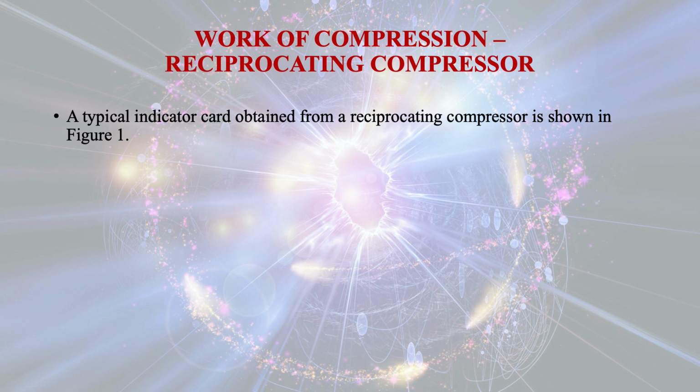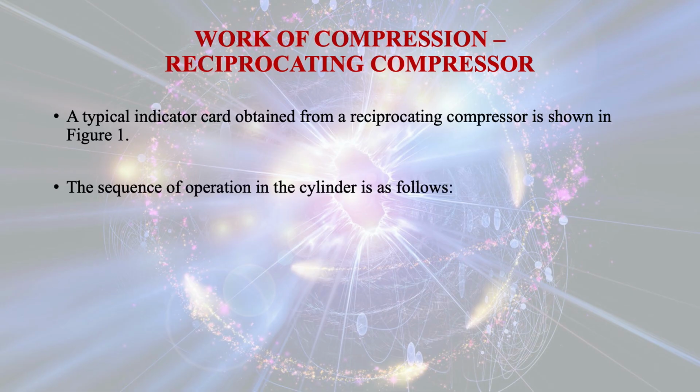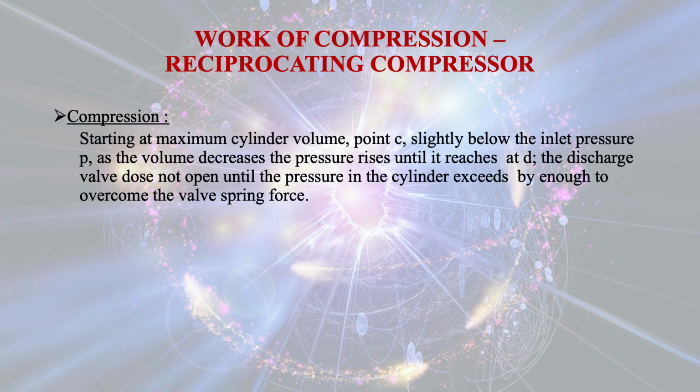Work of compression by reciprocating compressor. A typical indicator card obtained from a reciprocating compressor is shown in figure 1. The sequence of operation in the cylinder is first compression, starting at maximum cylinder volume point C, slightly below the inlet pressure P1.